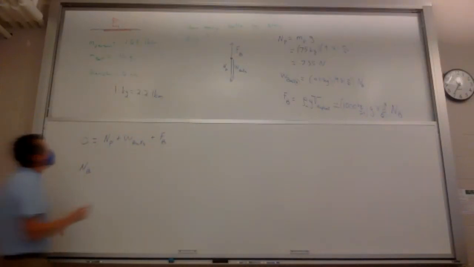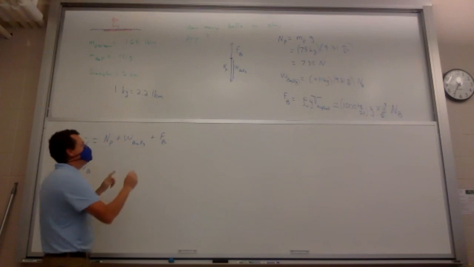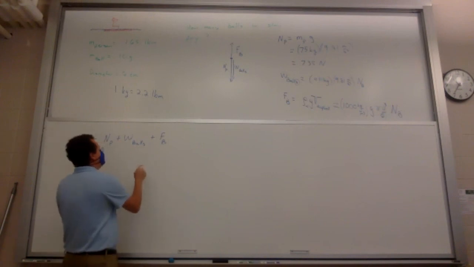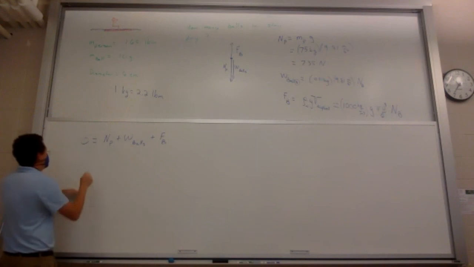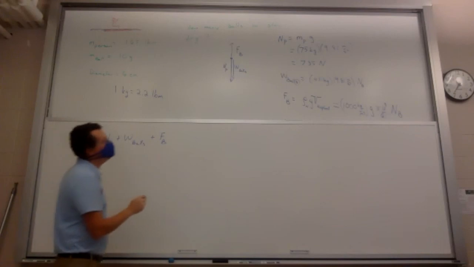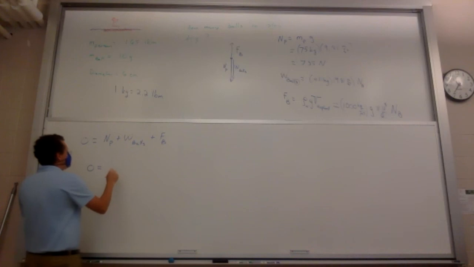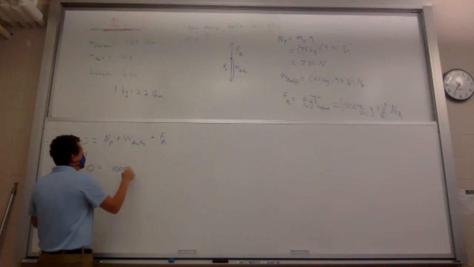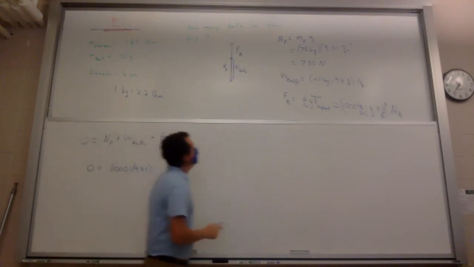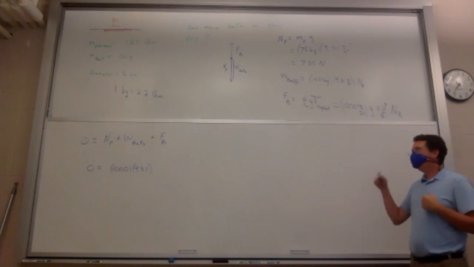Okay, so to do this, I'm going to have the buoyancy force. So my equation is going to be 0 equals the buoyancy force, which is 1,000 times G, 9.81, times 4/3 pi r cubed.